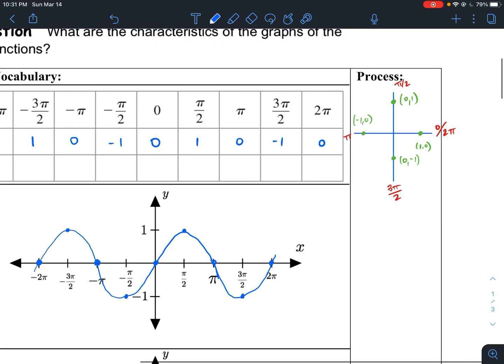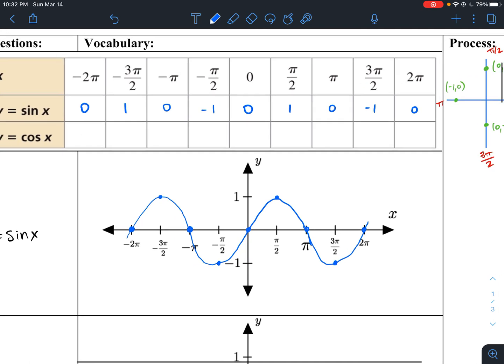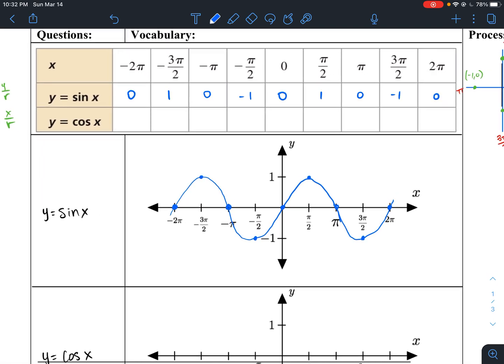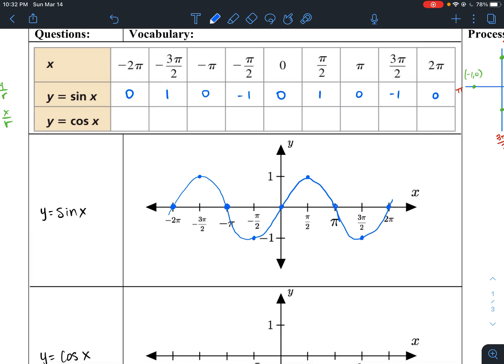If we were to continue moving on, to 4 pi or 5 pi over 2, 3 pi, 7 pi over 2 and 4 pi, this sine function would continue making this pattern. So this is the sine function right here. We call it a sine wave because it obviously makes a wavelength.